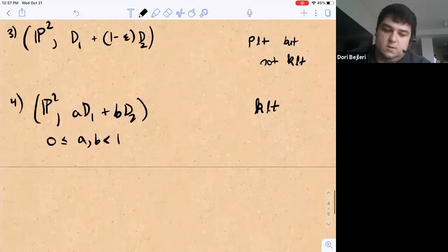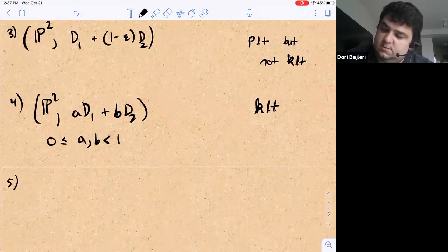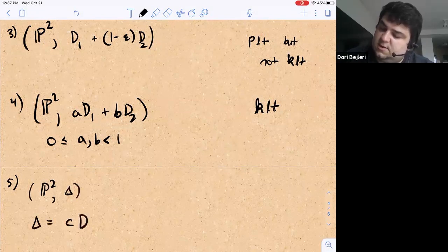Okay, more interesting example. Let's look at P2 comma delta, where delta is some constant times the cuspidal cubic.